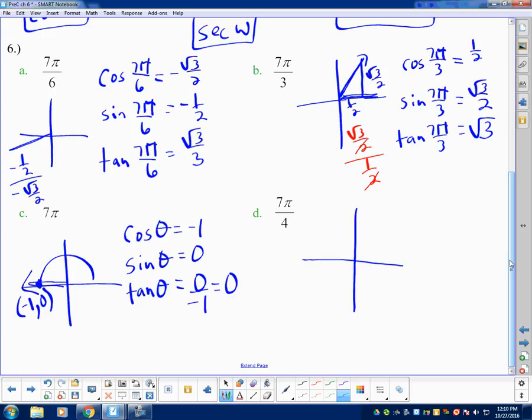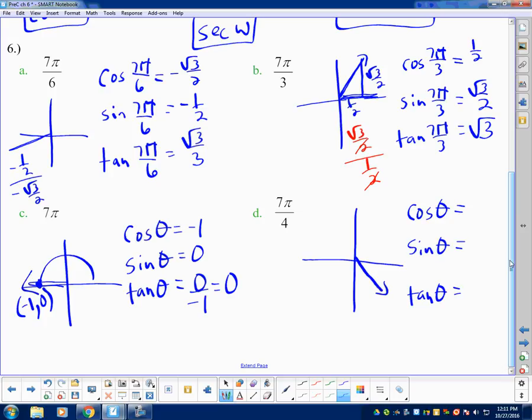Okay, and then 7 pi over 4. 8 pi over 4 would be around once. So 7 pi over 4 is going to take me all the way around to right here. If you think about the coordinates right there on the unit circle, it's the pi over 4 angles I like when it comes to calculating tangent.